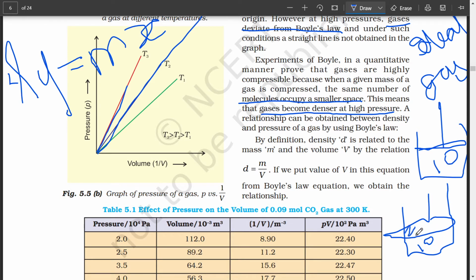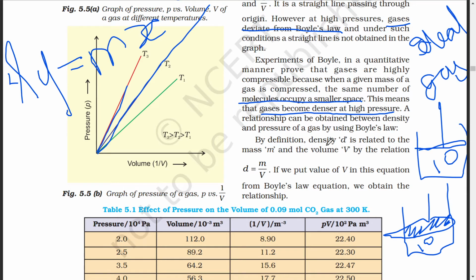So density increases. Molecular speed also increases as pressure increases. But volume decreases. Volume here is more, here is less. So that's why we also say that pressure is inversely proportional to volume.